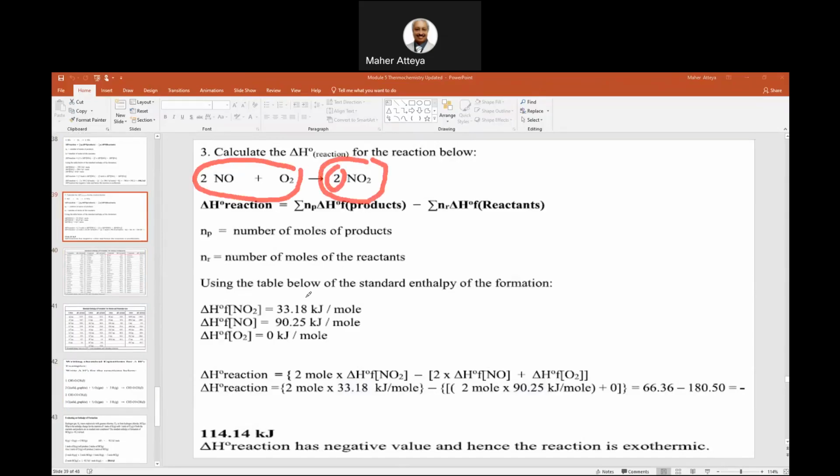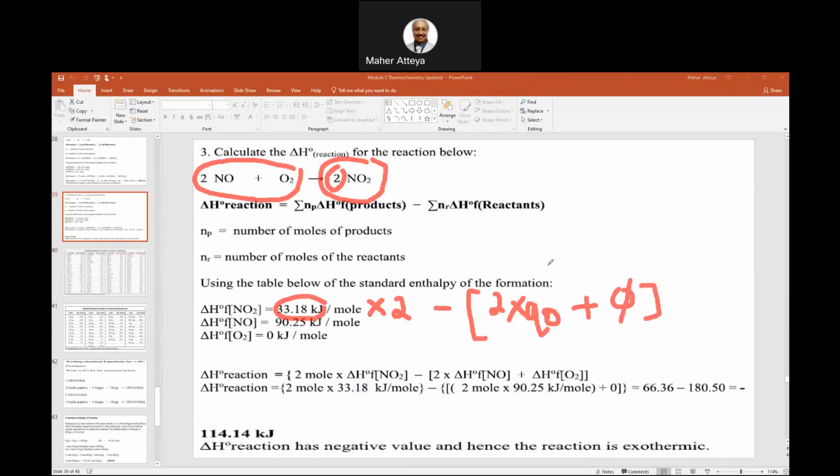So 2 of NO2, NO2 is this, multiplied by 2, correct? The 90 point whatever for the reactant, minus 2 multiplied by the 90 something, plus the 0 from oxygen.